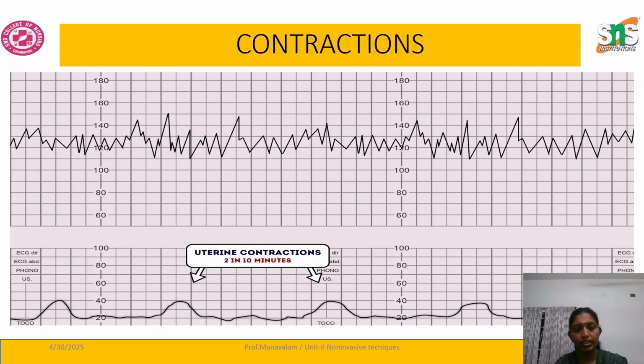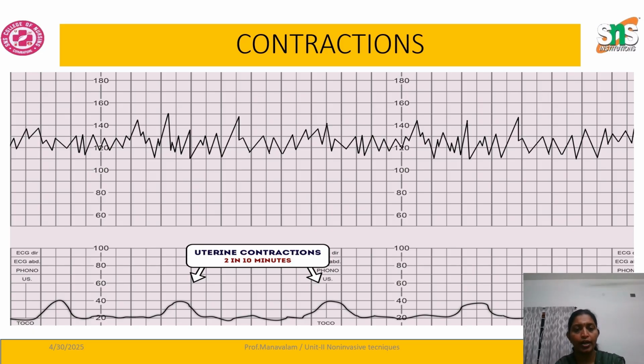In the toco line, within this 10 minute period, we see two elevations. These two elevations indicate uterine contractions. The intrauterine pressure started at 20 mm of Hg and increased to 40 mm of Hg during the uterine contraction.